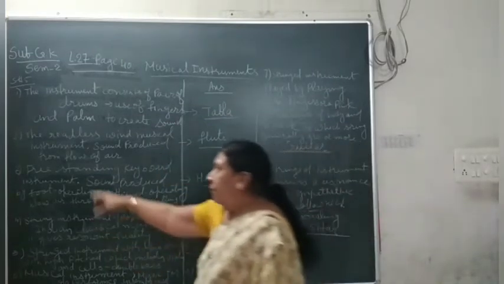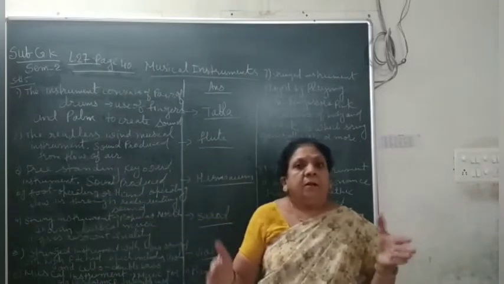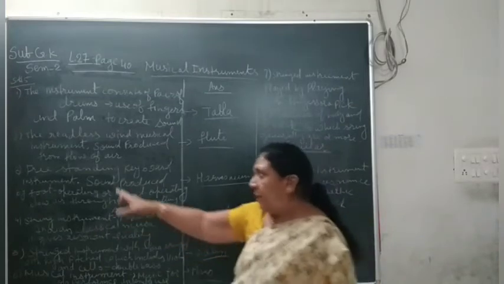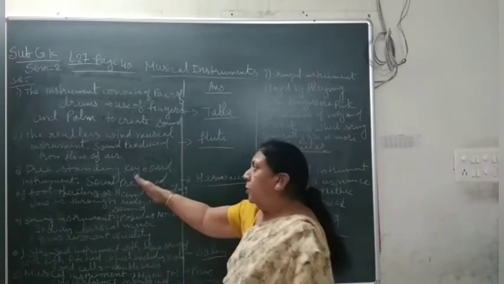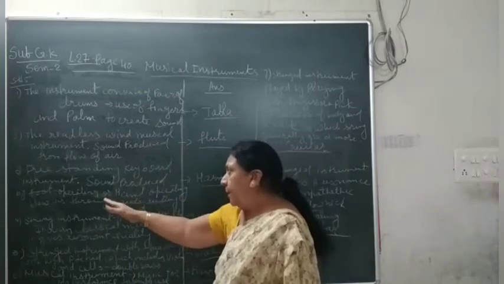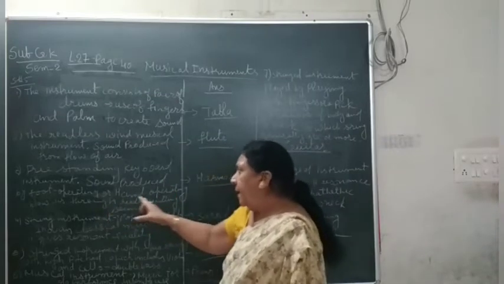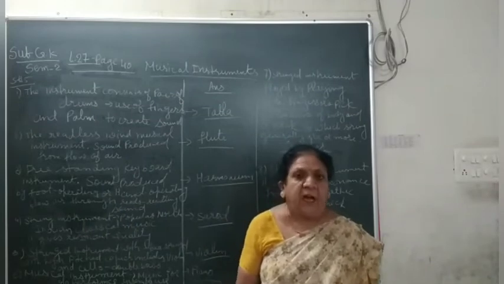Now third, a freestanding keyboard instrument. Stand is not necessary for that. For a computer we need a stand. This standing keyboard instrument, how is sound produced, foot operating or hand operating? These two types are the harmoniums.